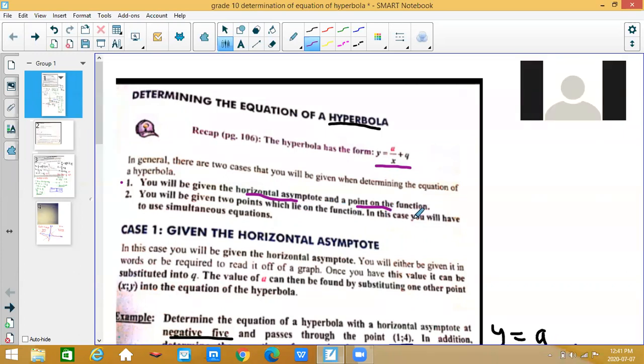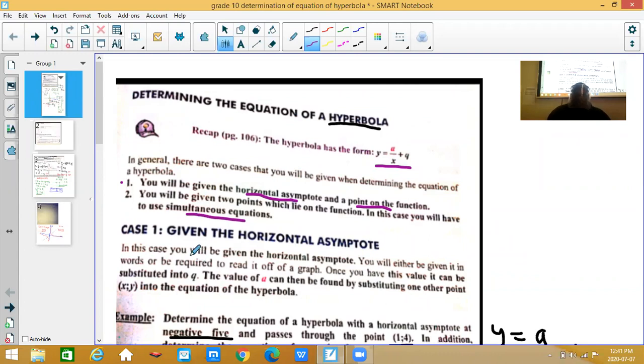In this case, you will have to use simultaneous equations. You will remember that you are supposed to use the method of solving simultaneous equations that you understand better, which is elimination or substitution. You can use any.